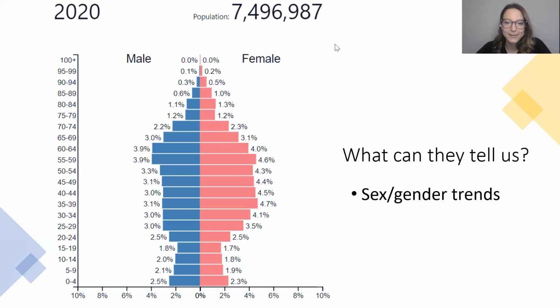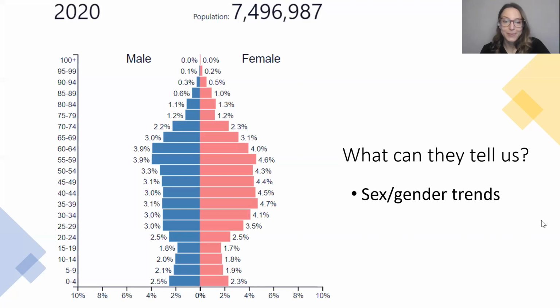Anything else noteworthy? Where specifically are they? So where do we see this larger proportion of females? Is it equal across the age demographics, especially between 20 and 60-ish? Yeah, so again, looking at those working age trends.